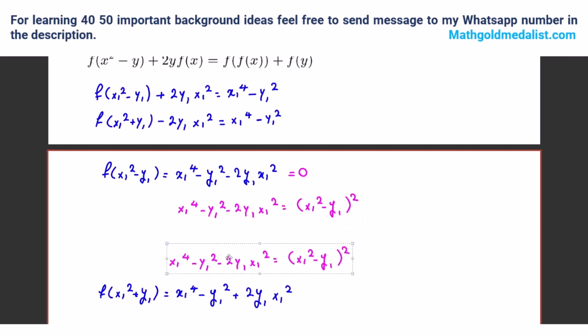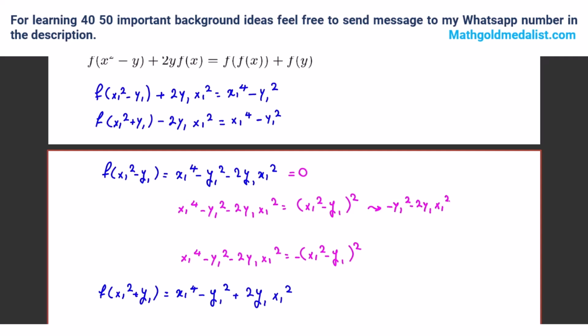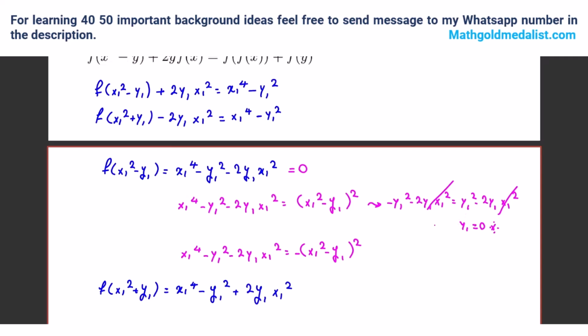So let's check negative of that. Here, if we simplify, x1 to the 4 will be cancelled from both sides. So negative y1 squared minus 2y1 x1 squared is equal to y1 squared minus 2y1 x1 squared. So you can cancel these, so y1 is 0, and that's a contradiction, okay?